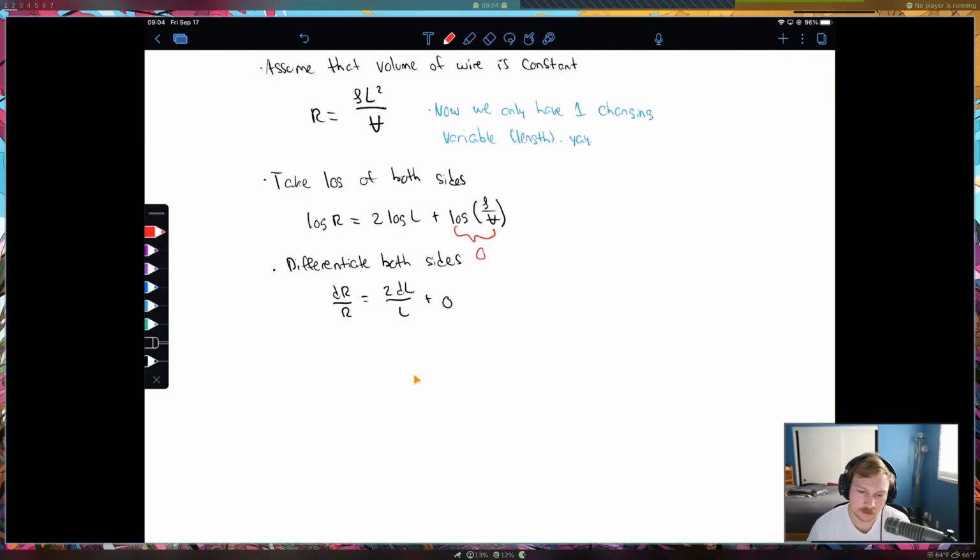With those, we can rewrite it as the change in resistance over the resistance equals 2 multiplied by the change in length over the length.